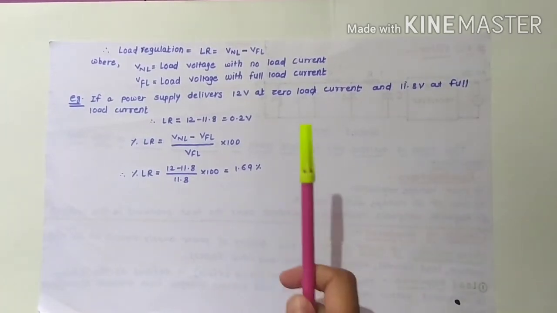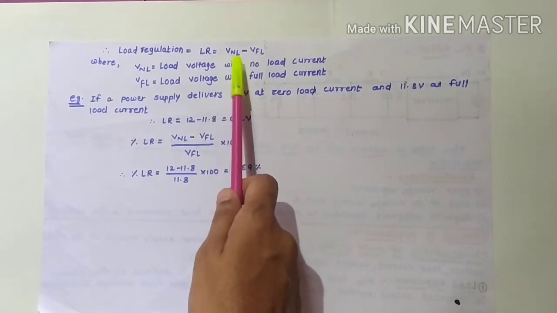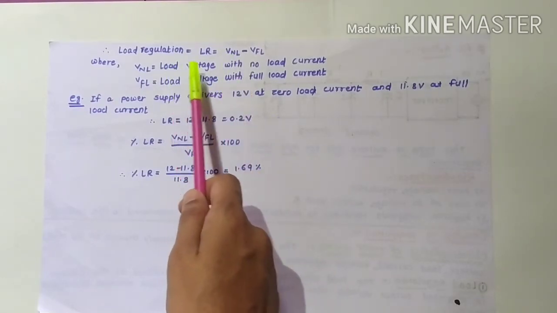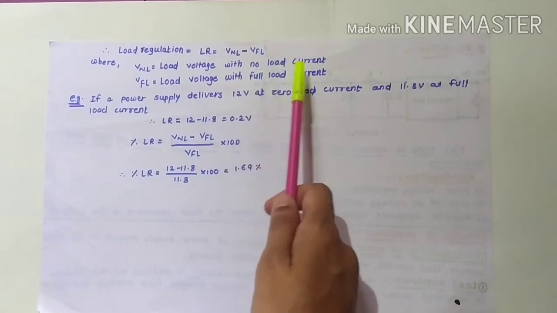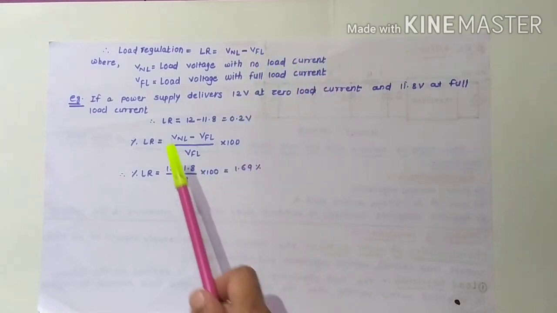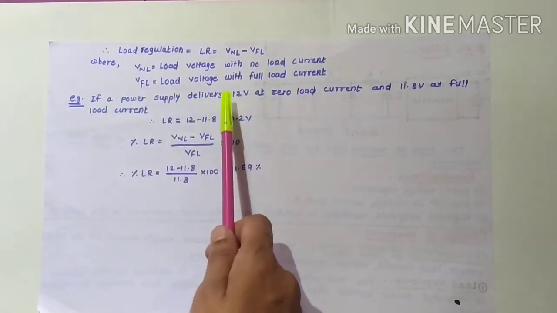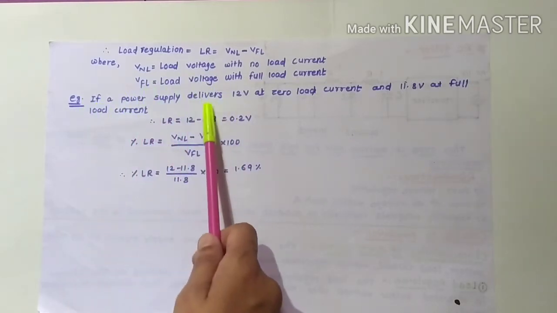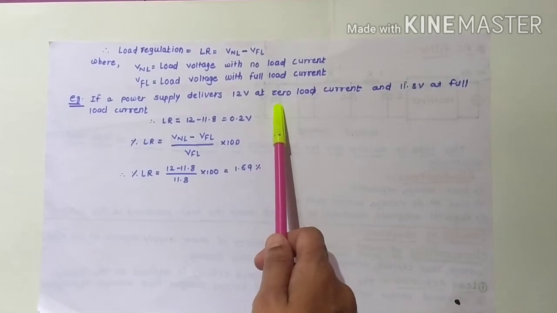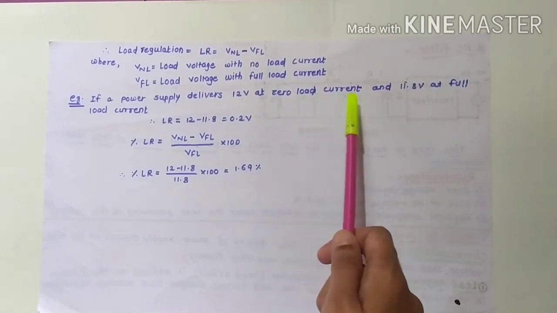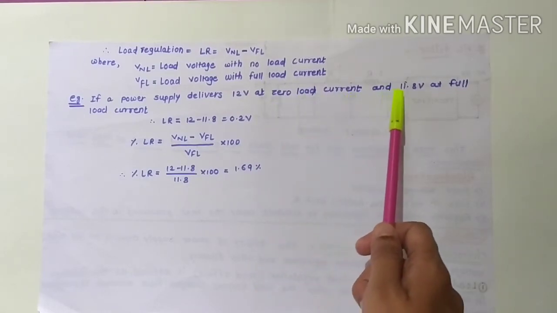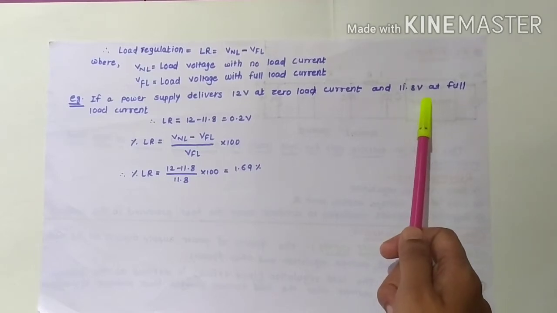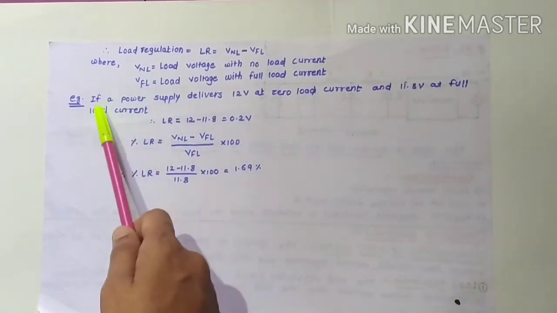Okay students, all of you have to remember that VNL is the load voltage with no load current. Consider this example: if a power supply delivers 12 volt at zero load current and 11.8 volt at full load current.